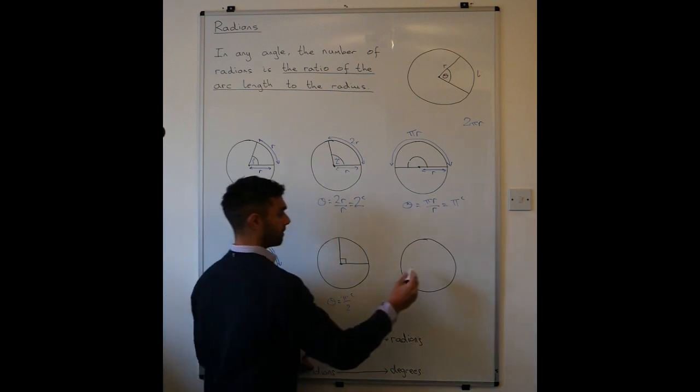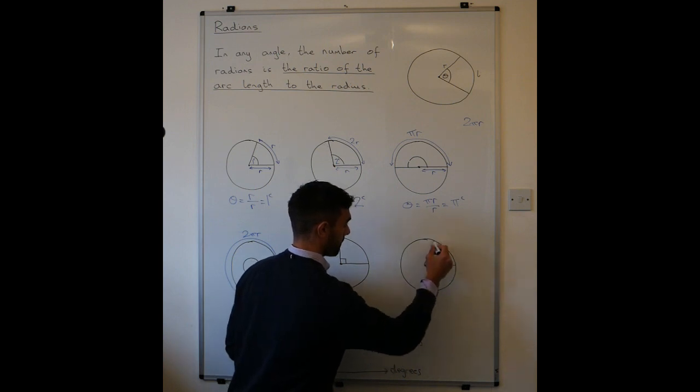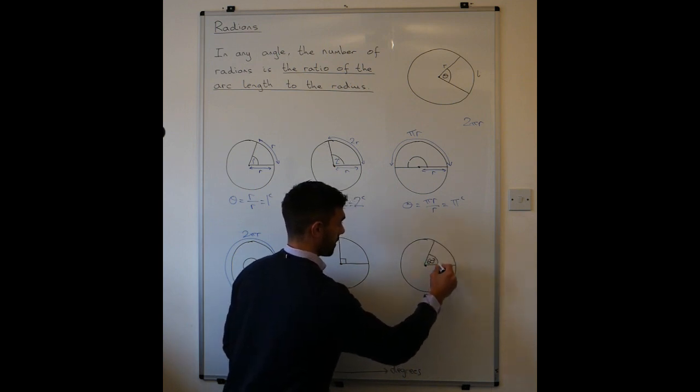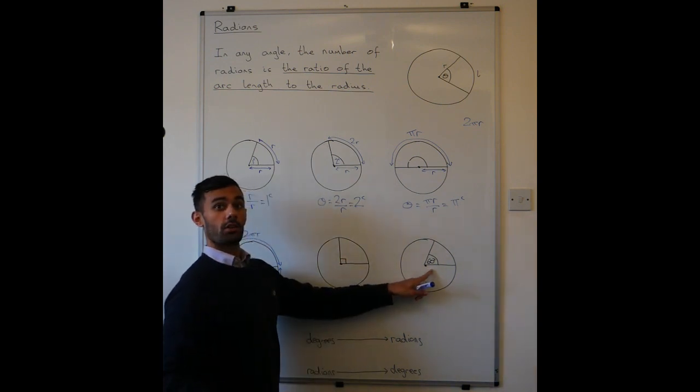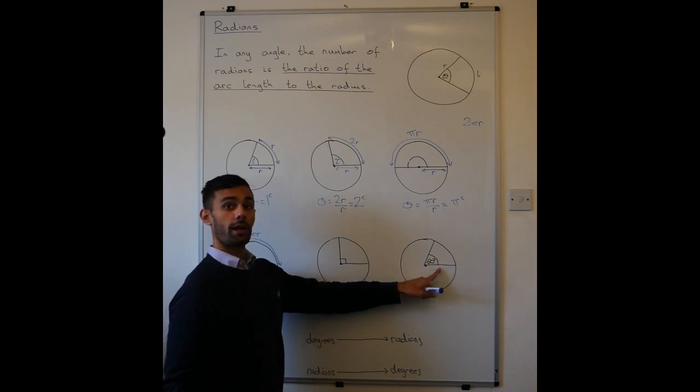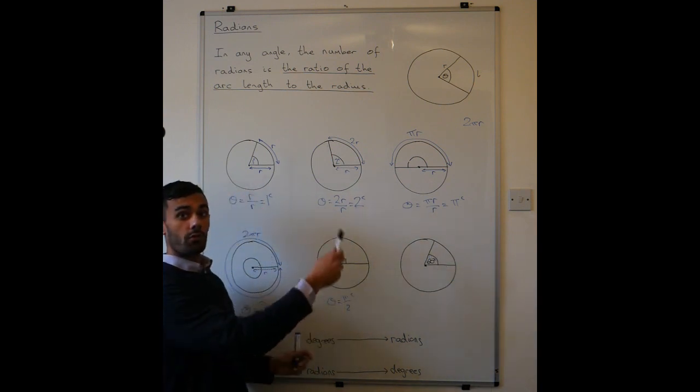Okay, one more. There you go, I've got my angle, it's 60 degrees. The question is how many radians? I'm not going to mark on a radius or an arc length. We're just going to try and use some of the things we've already worked out.